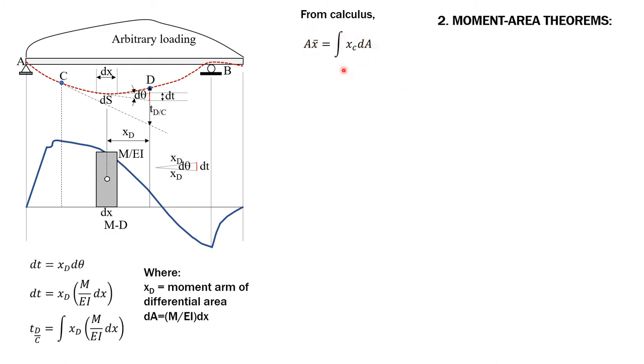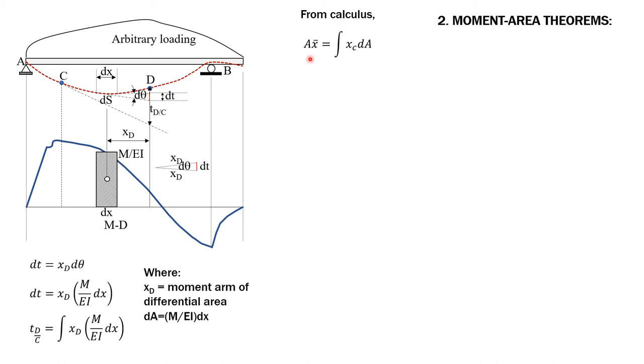Also, if we use Varignon's theorem, you can remember this, because the elongated S means summation. The moment of the area is equal to the sum of the moments of its components, and the component of the area is represented by dA.